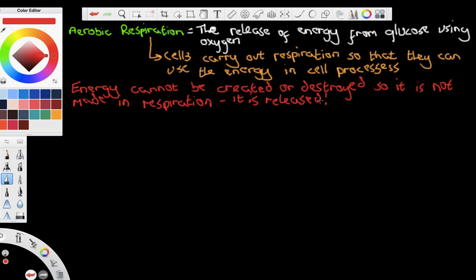Okay? Now, if we briefly write out the word equation for respiration, we've got oxygen being added to glucose. That's the worst G in the history of the world. Glucose. These are our reactants.